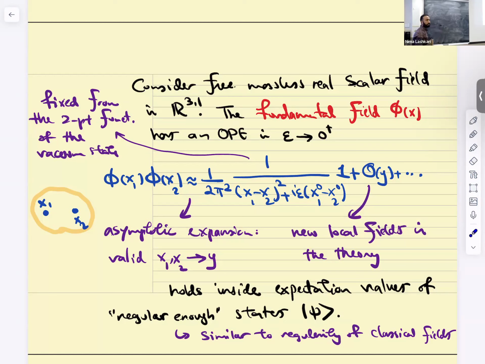O_p of y can be any operator insertion, all the local operators in the theory. To define a theory, you first have to define your matter content. These are all the things that transform nicely, classified in terms of representation theory of the symmetry group. So all of them will be in here.